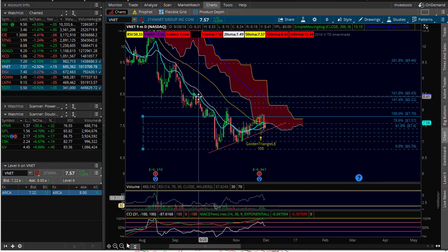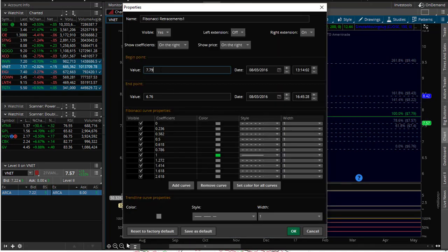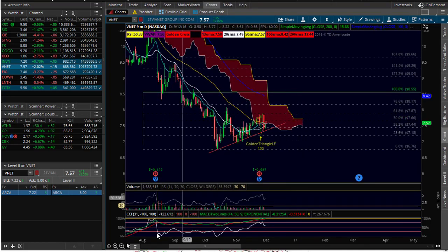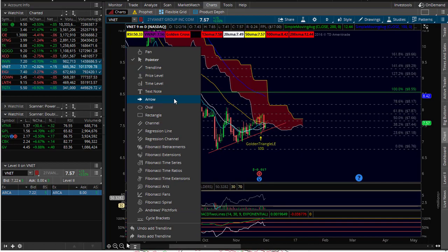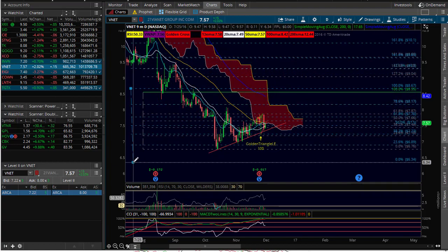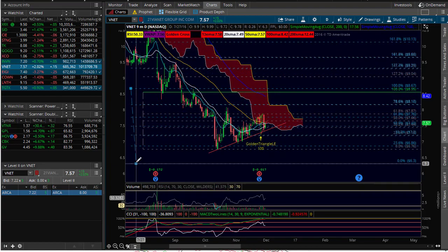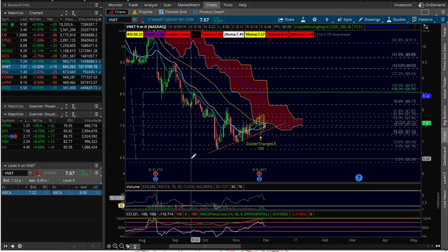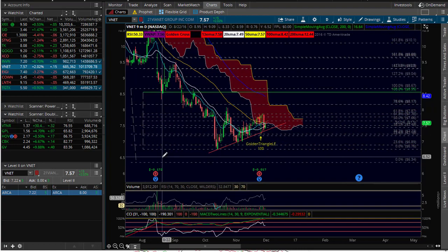So this high is 855, so I would adjust to 855. And then all you have to do to set a Fibonacci retracement is go to Fibonacci retracement, click where you want it, scroll down toward the bottom of the gap, which would have been that point, and then release the click. And that's going to give you your points of resistance.